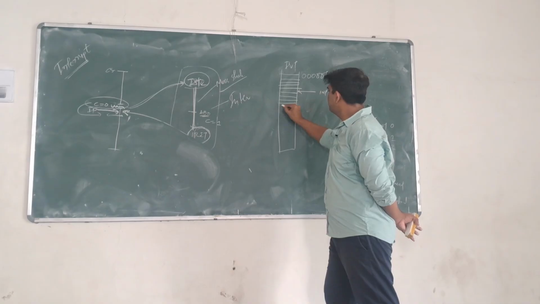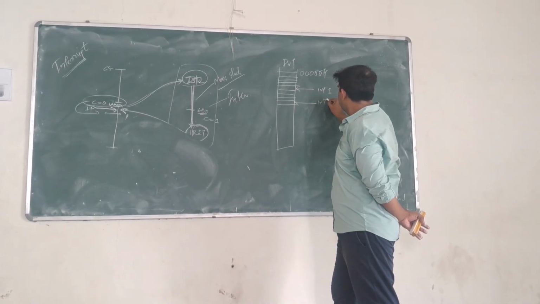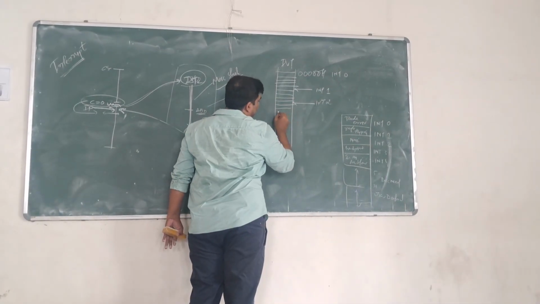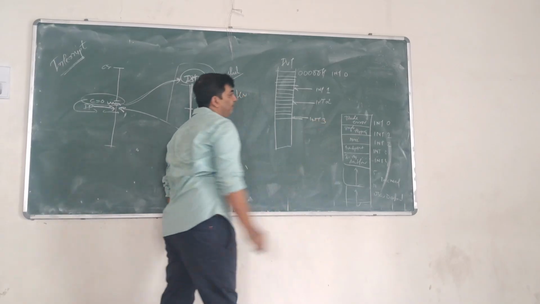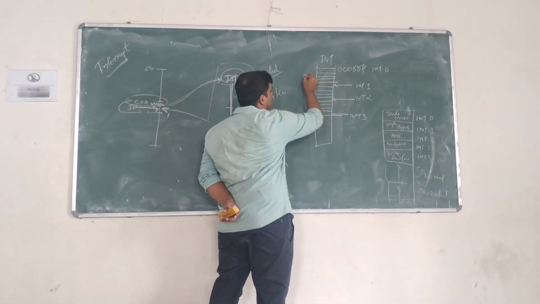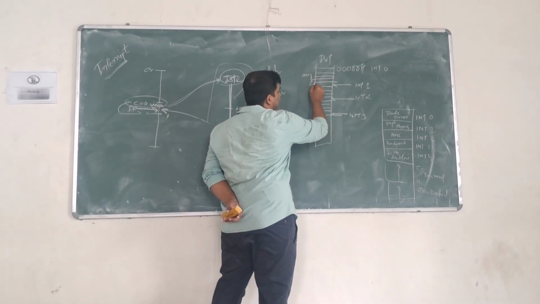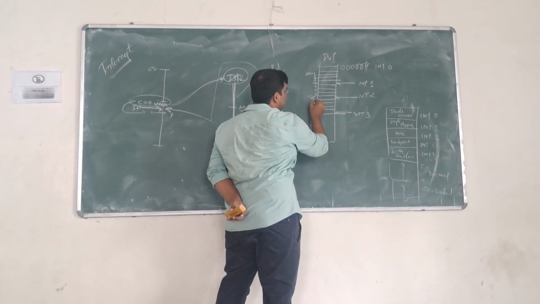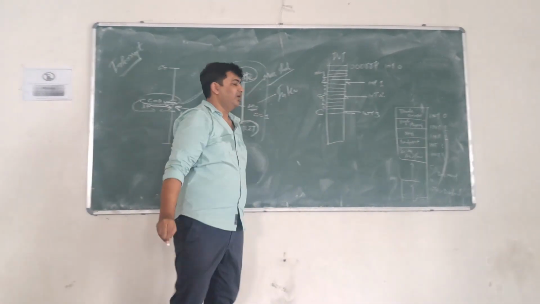Now this is INT2. This is INT3. If I know the physical address, this is 00000, this is 00001, 2, 3, 4, 5, 6, 7, 8, 9, 10, 11, 12.